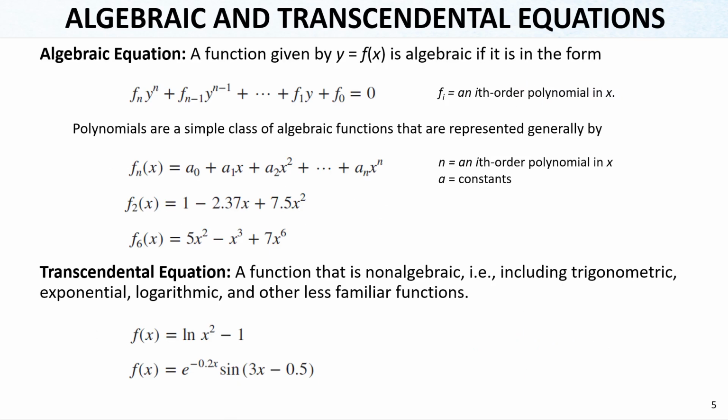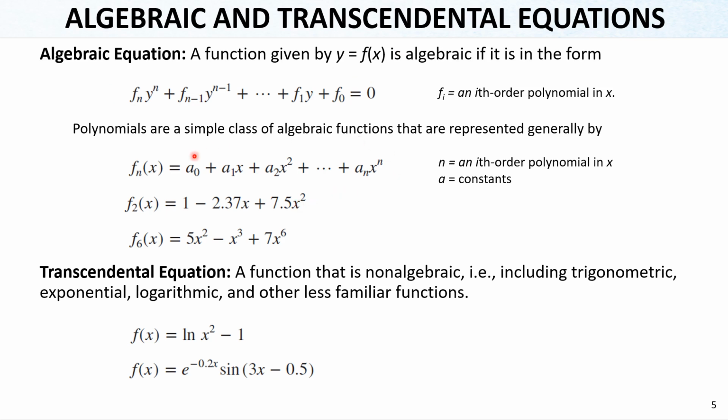We also have two equation terms that we need to define before starting to explain our numerical methods. These are called algebraic equations and transcendental equations. So the algebraic equation is simply a function given by y equals f(x). And if we can write this function like this, equals 0, then this is simply an algebraic equation.